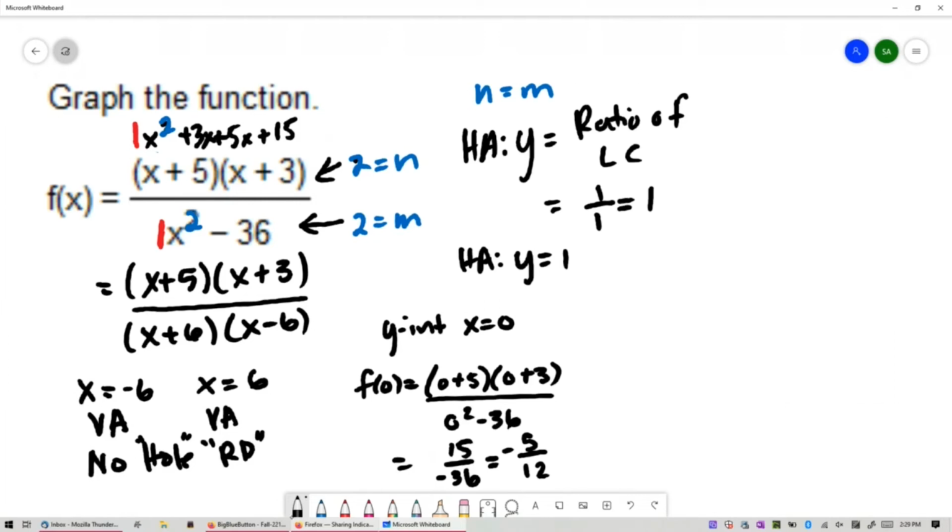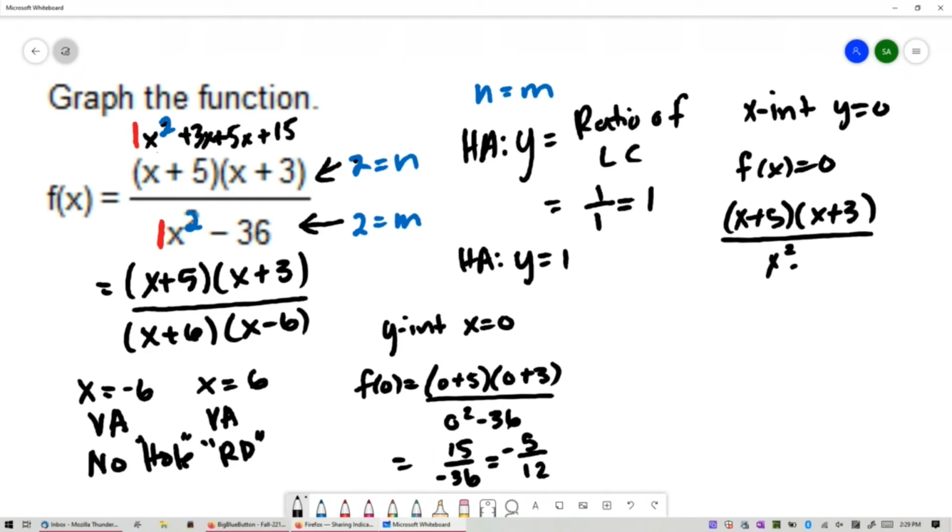Then when I'm looking for x-intercepts, I let y equal 0, or in function notation, I'm setting f of x equal to 0. And that gives x plus 5 times x plus 3 over x squared minus 36 equals 0.